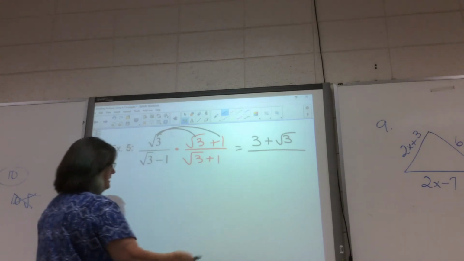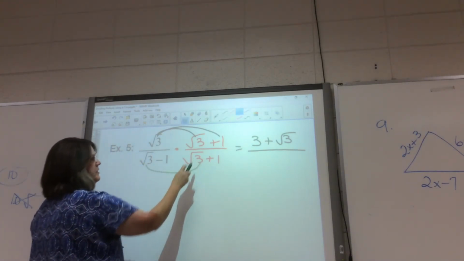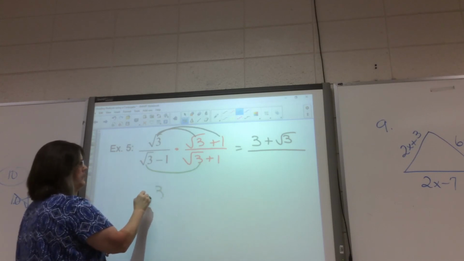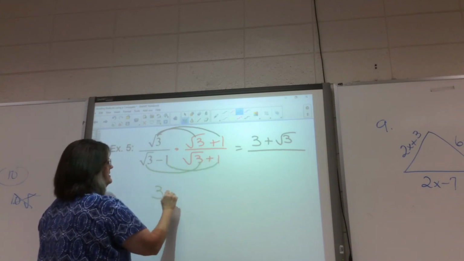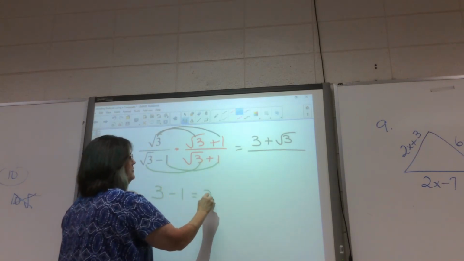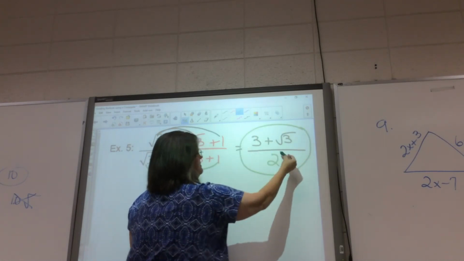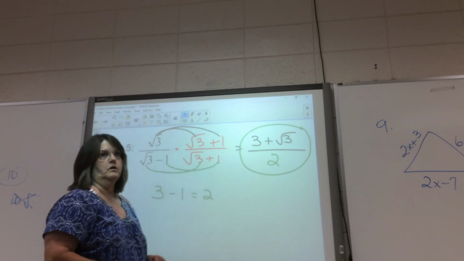And now I'm going to do my denominator. And remember our shortcut. The square root of 3 times the square root of 3 is 3. That's the square root of 9, which is 3. And then negative 1 times 1 is negative 1, which gives 2. So 2 is in my denominator. If I needed to simplify this, I would simplify it. I do not need to, so therefore, I'm done.